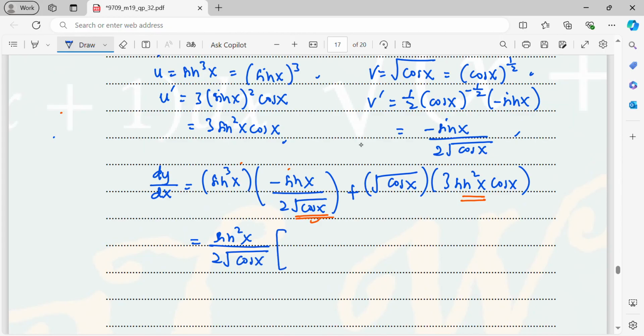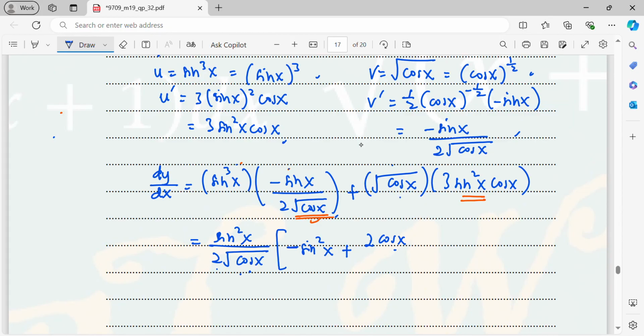So once I factorize sine square x over 2 square root cos x, you still have minus sine square x, because initially you get minus sine degree 4 x. Plus, when you factorize 2 square root cos x from the second term, because cos x over square root cos x is square root cos x, and then the 2 over 2 will be 1.